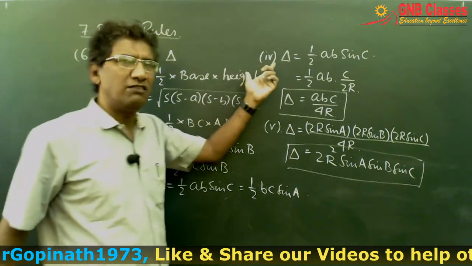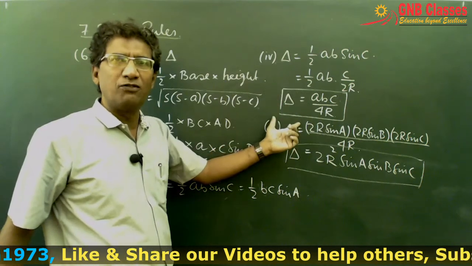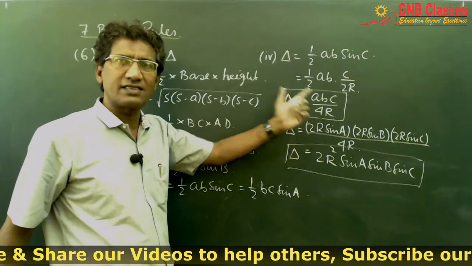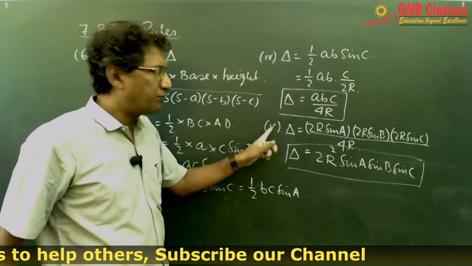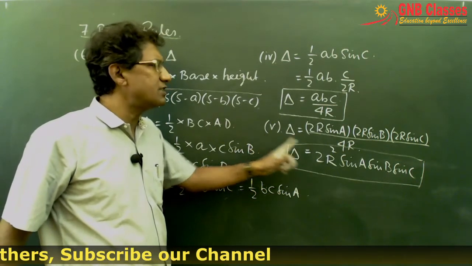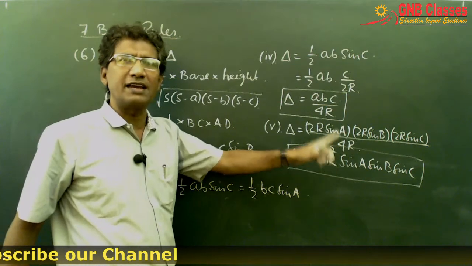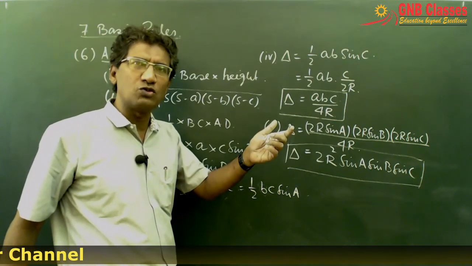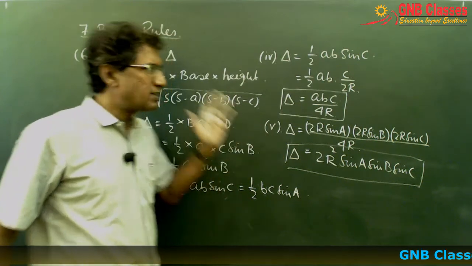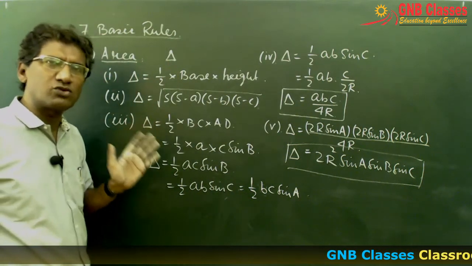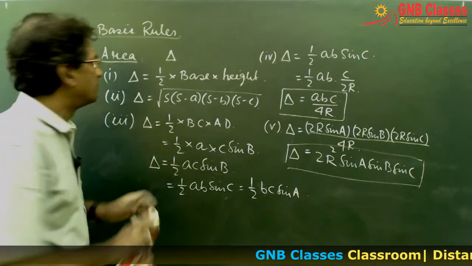The 4th formula is ABC by 4R, where R is the circumradius of the triangle ABC. And the 5th is 2R square sin A sin B sin C. Is it clear to all of you? These 5 formulae we have to remember.